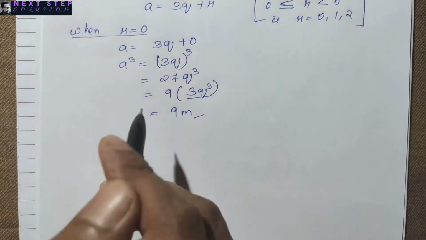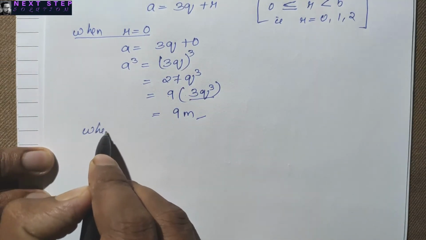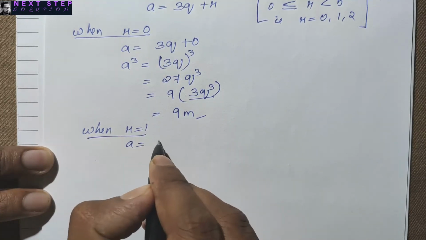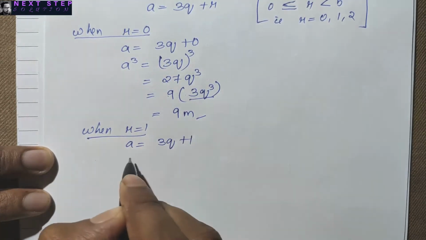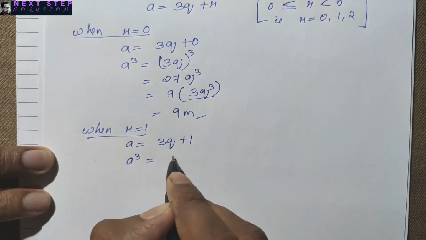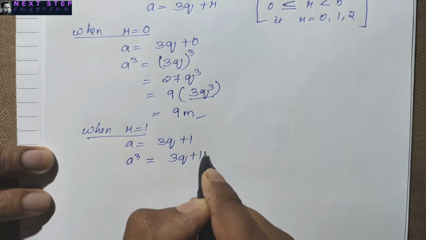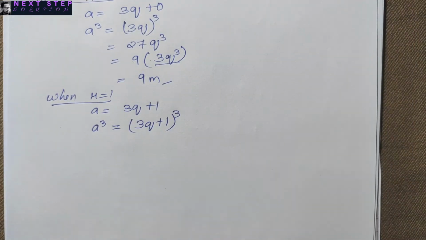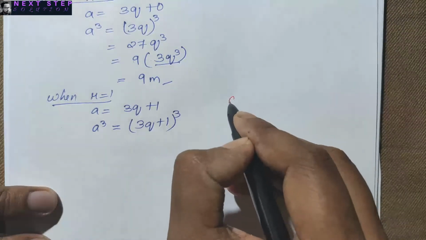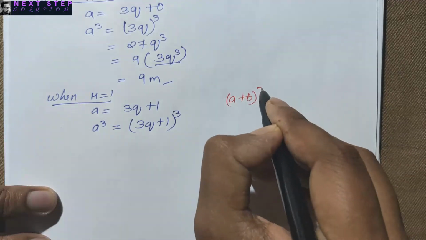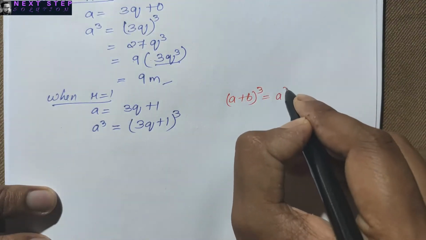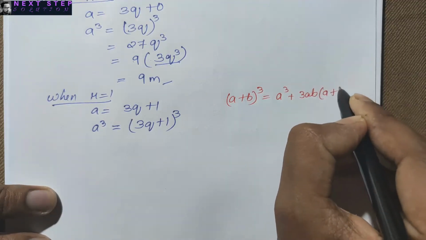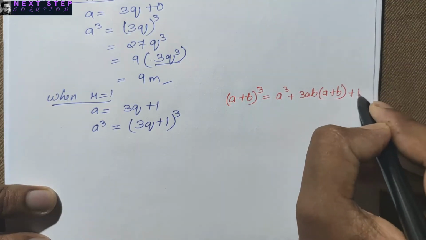When r equals to 1, a will be equal to 3q plus 1. We need cube of a, so a cube will be equal to 3q plus 1 the whole cube. Here we are going to apply the formula a plus b the whole cube. The formula is a cube plus 3ab bracket a plus b plus b cube.